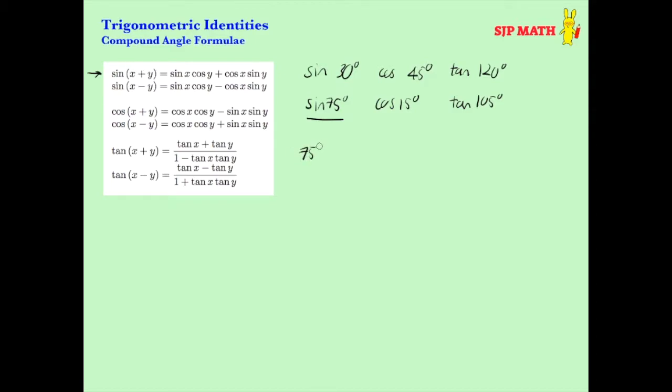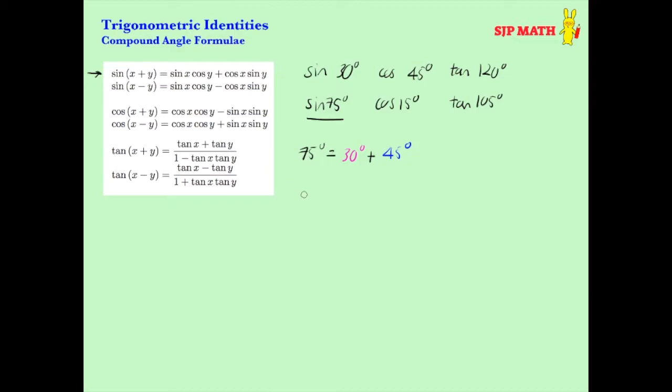In this case, we can express it as 30 degrees plus 45 degrees. So 30 degrees and 45 degrees are two angles on the unit circle, and 75 degrees is expressed as their sum. We're going to use this fact and this equation to find the exact value.